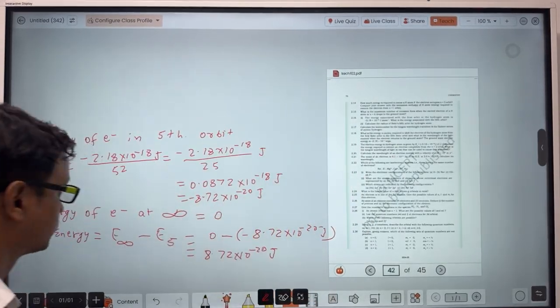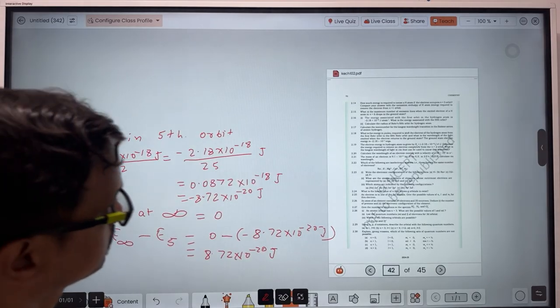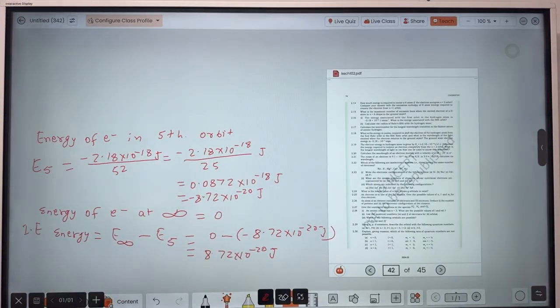This is not ionization enthalpy, this is the energy required to ionize.